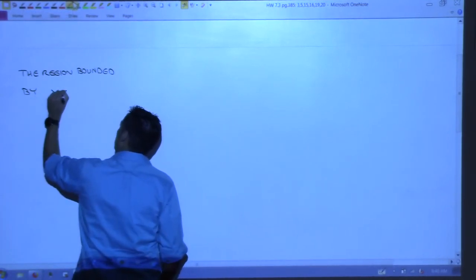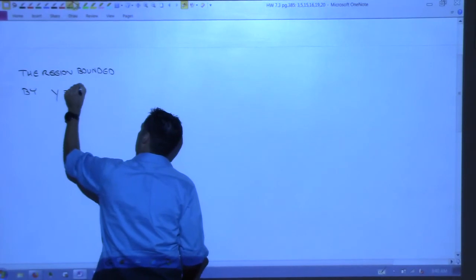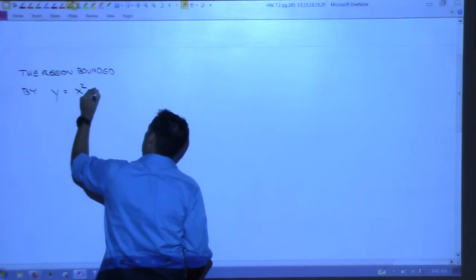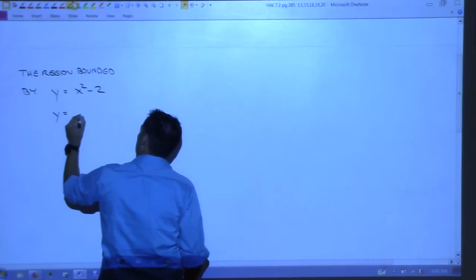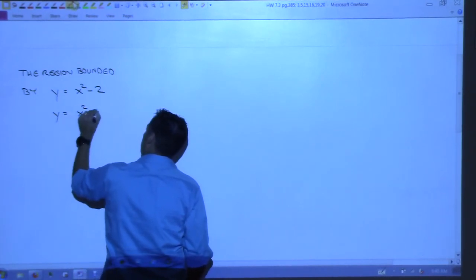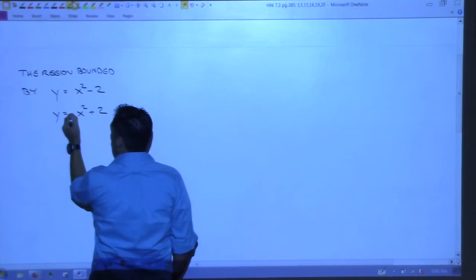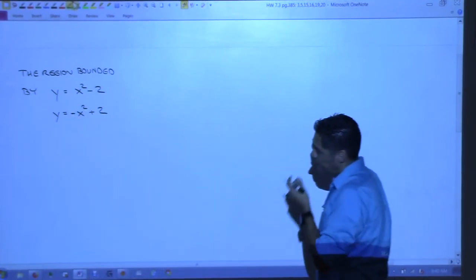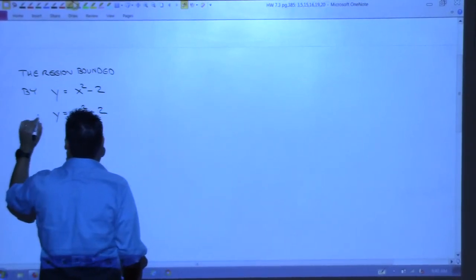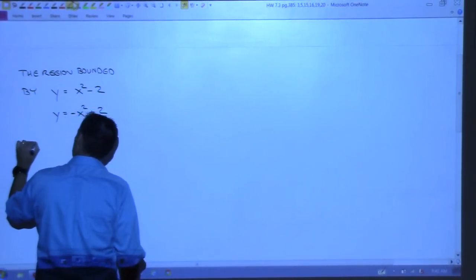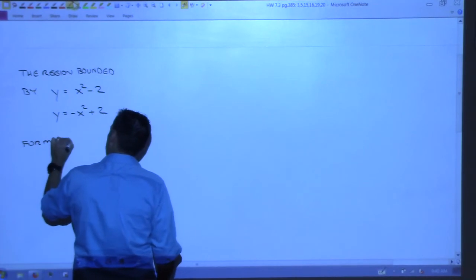We'll just go y equals x squared minus 2 and y equals negative x squared plus 2. So the region bounded by those two curves forms the base of a solid.